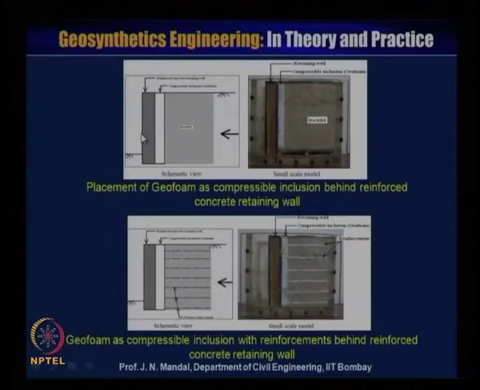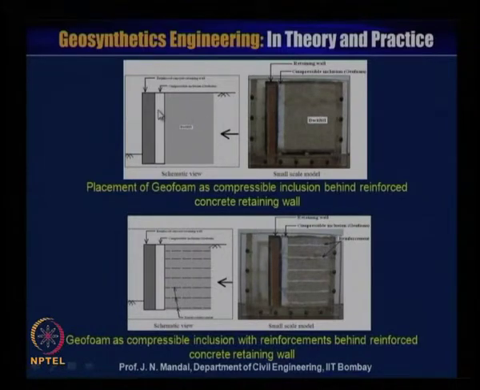So here is the placement of the geofoam as a compressible inclusion behind the reinforced concrete wall. If this is a reinforced concrete wall, you are providing some thickness of the geofoam material. Here you can see this is the reinforced soil, this is the wall, and at the back of this you are providing a certain thickness of the geofoam material, this white color, and then you are providing the backfill material.